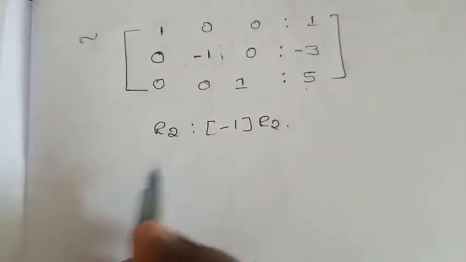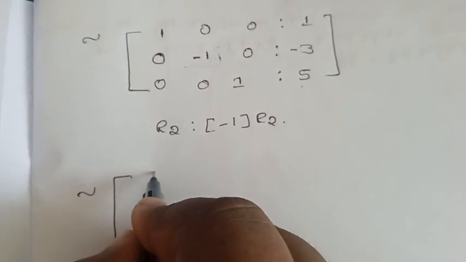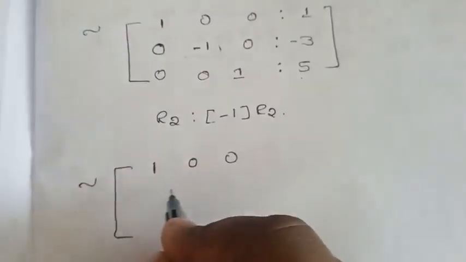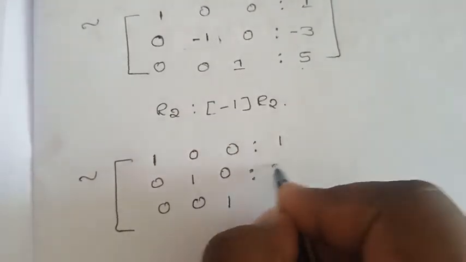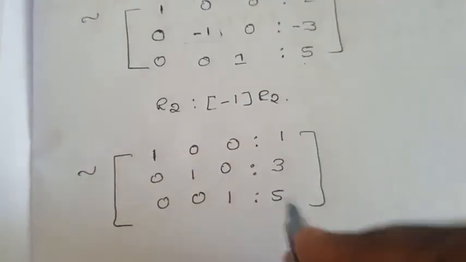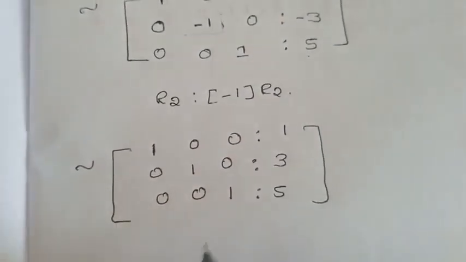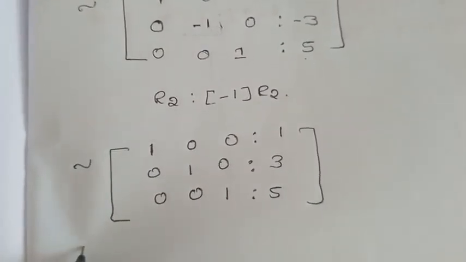After applying this row operation, our last matrix will be 1, 0, 0, 0, 1, 0, 0, 0, 1, and here it's 1, 3 and 5. This is our final matrix. So we'll write this in that augmented matrix format.